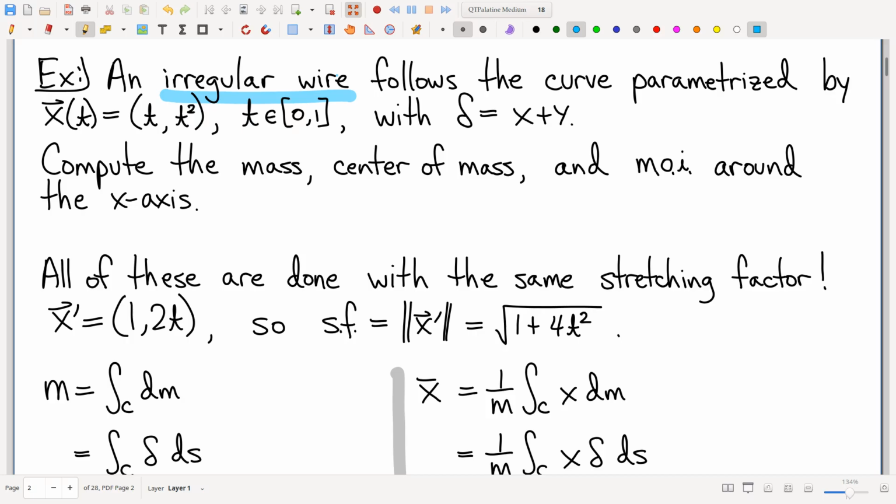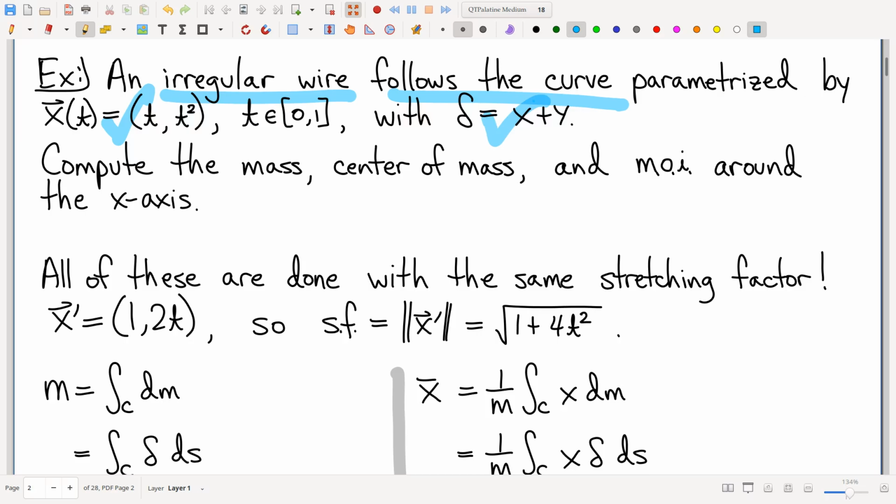And we have an indication that this follows a certain curve. The curve is parameterized. By the way, that's not typical. You can't expect that the parameterization will be given to you. Right here, I just want to get the ball rolling. And then the way the mass is distributed is right there.